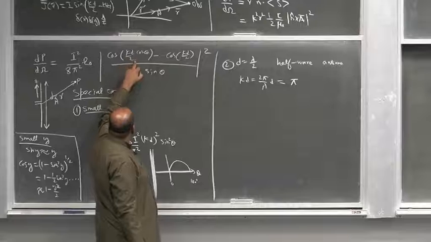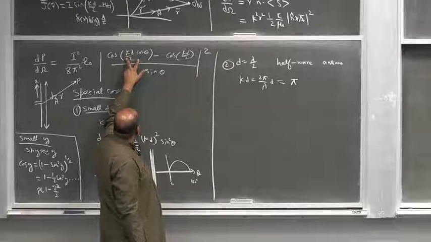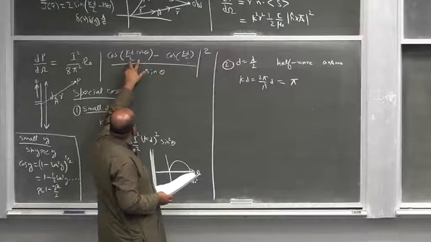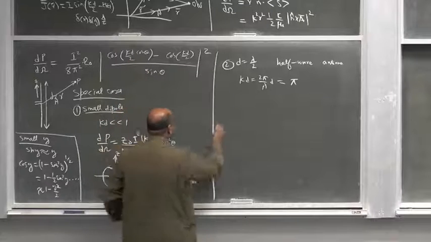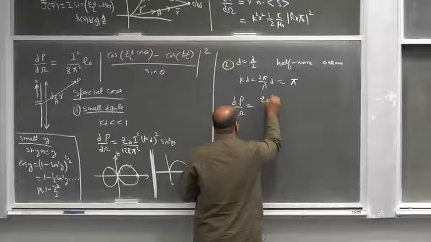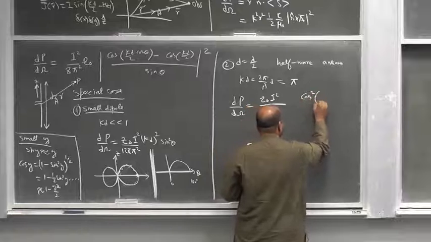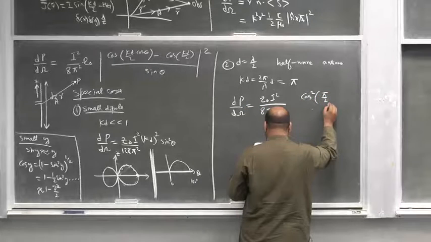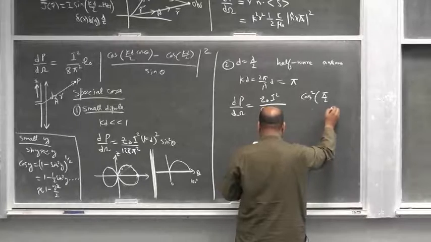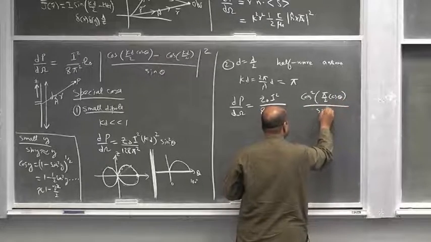So this becomes pi, and you can use a half angle identity, and dP by d omega becomes cosine square pi by 2 cosine theta over sine square.